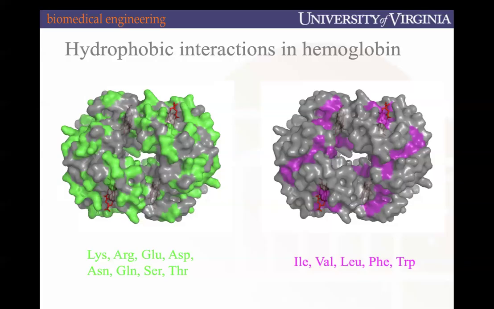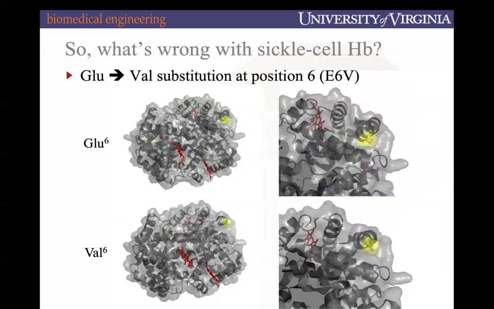All right, so to bring it all together, what happens in sickle cell disease? We talked earlier how it is a monogenic disease, so there's one gene that has a mutation, the hemoglobin beta chain. Not only that, but it's one single amino acid substitution.